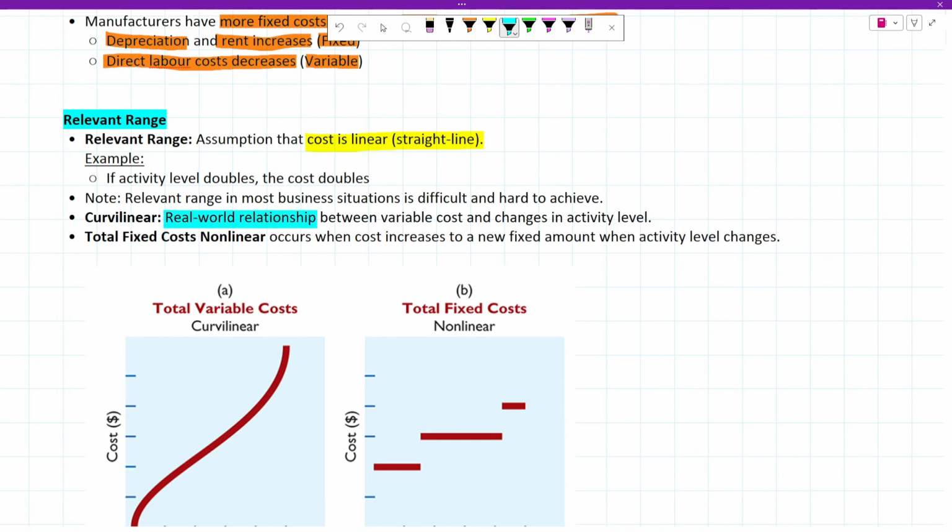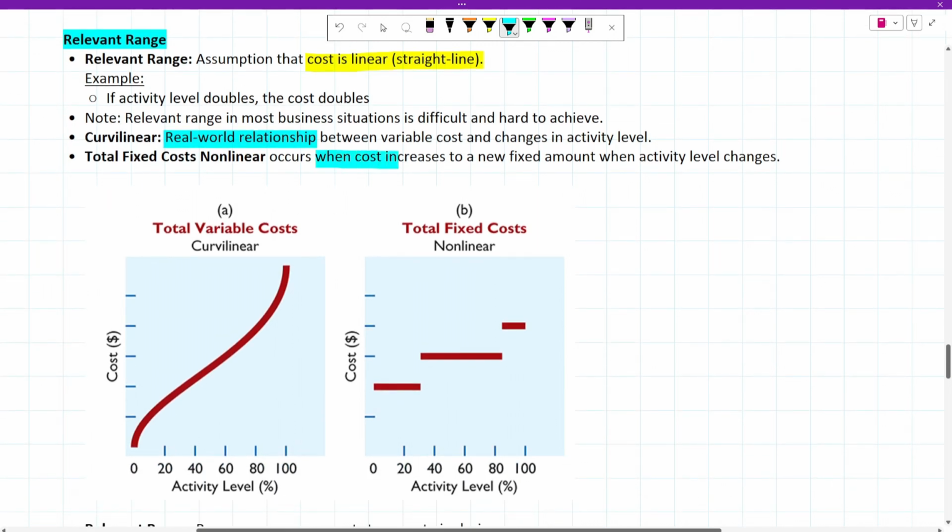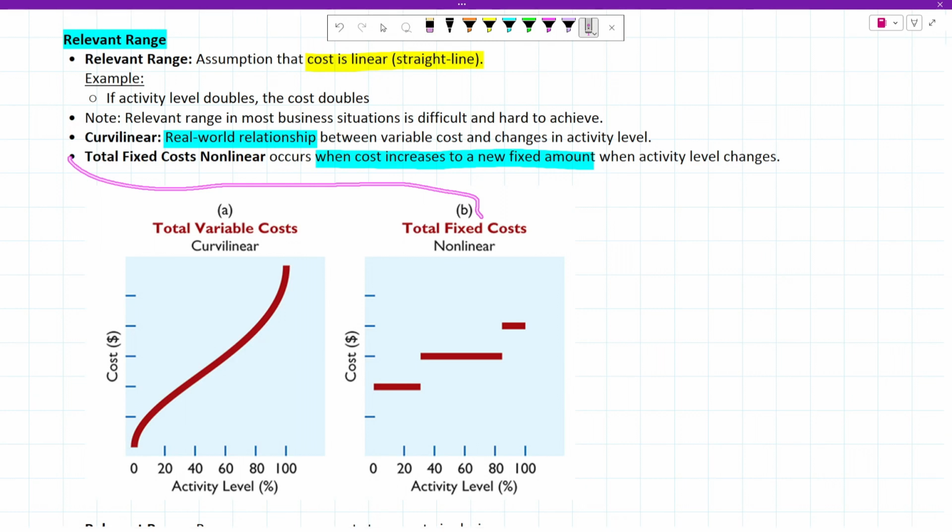Total fixed cost nonlinear occurs when cost increases to a new fixed amount when activity levels change. So you guys can see the difference between curvilinear, and then nonlinear total fixed cost. So you could see here it's more of a curve that you have as the activity levels goes up.